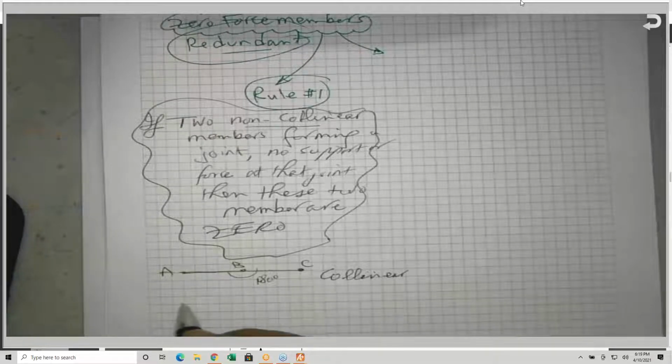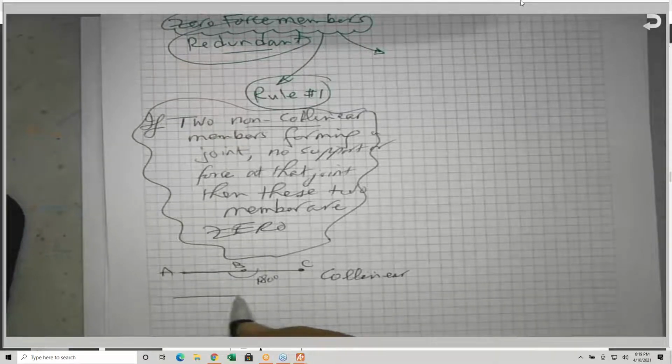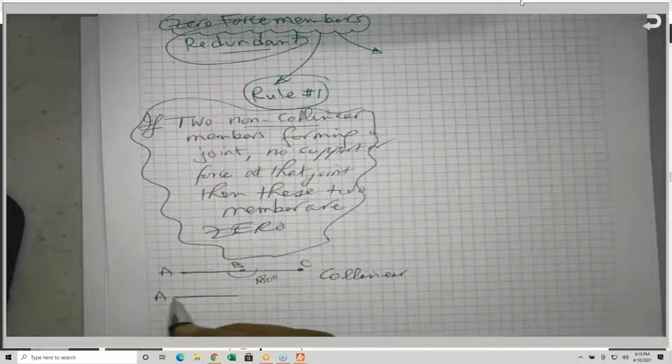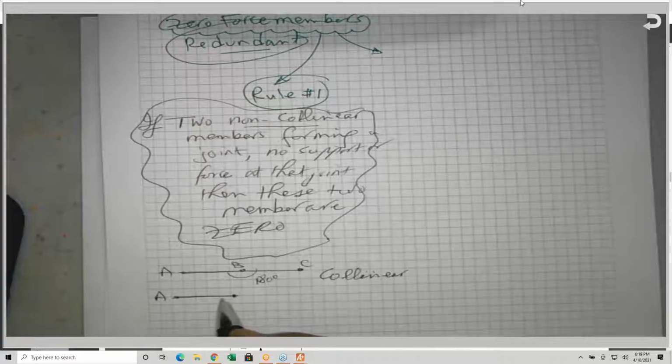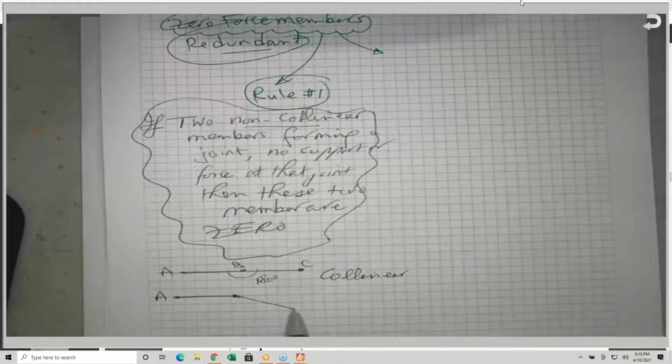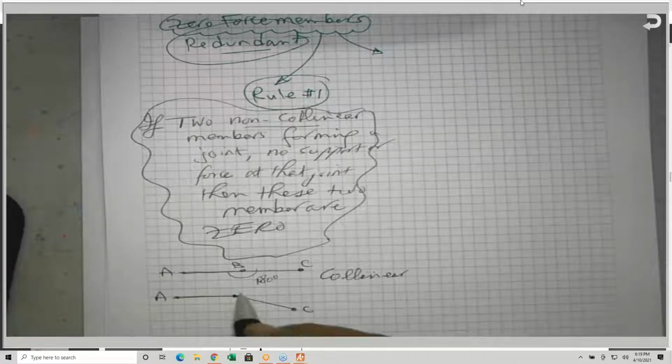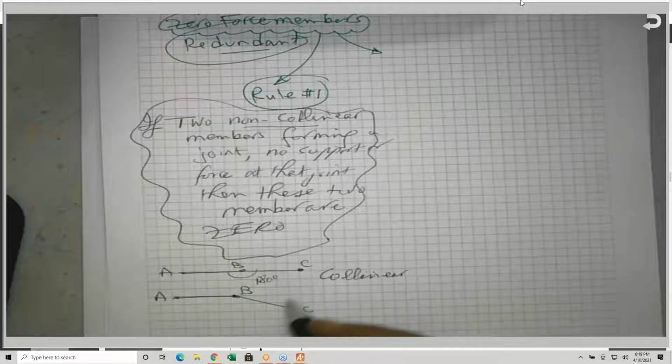But if I have this member AB and it is just a little bit off toward C, we call these 2 members non-collinear.